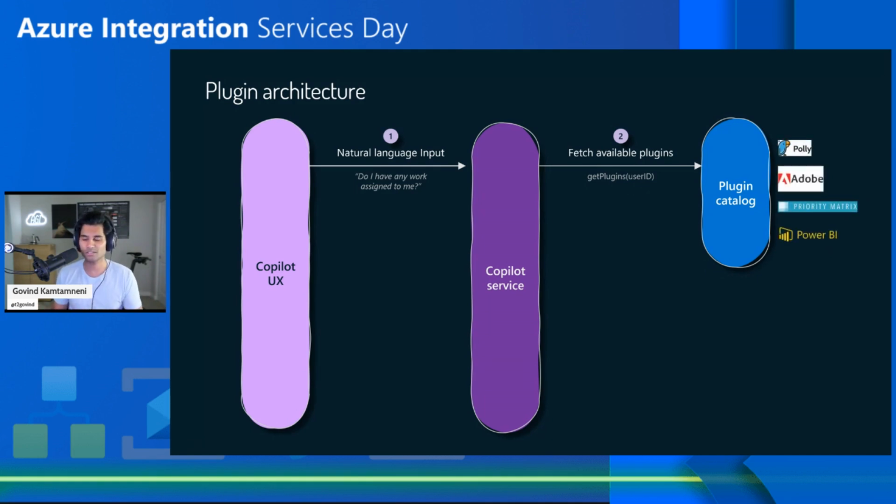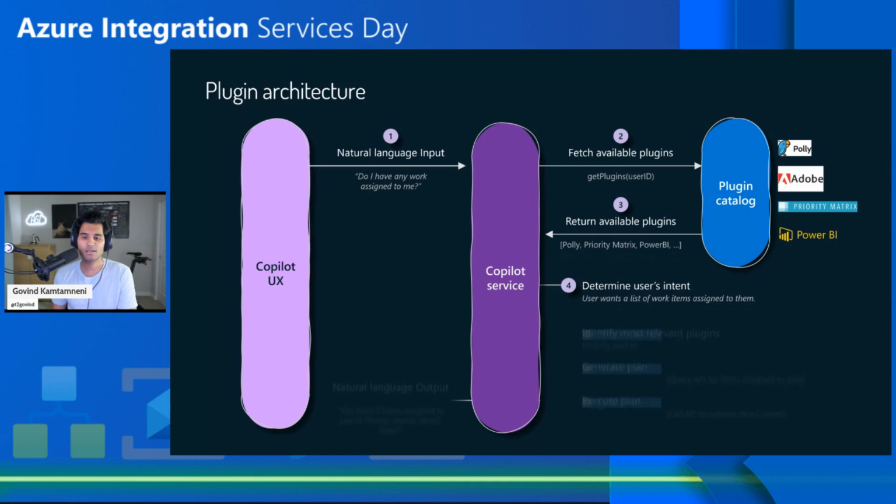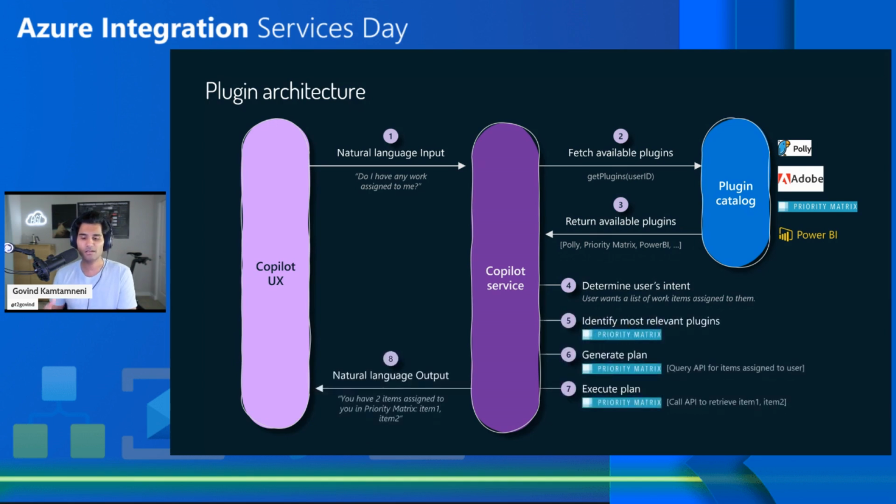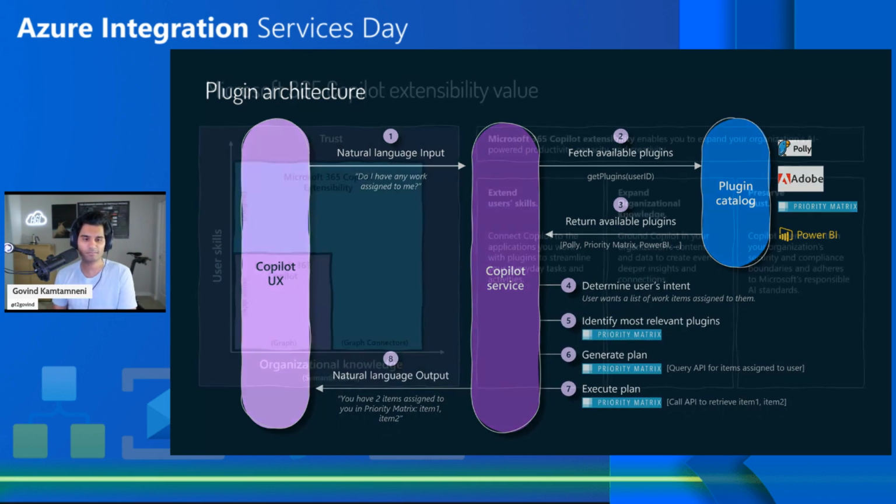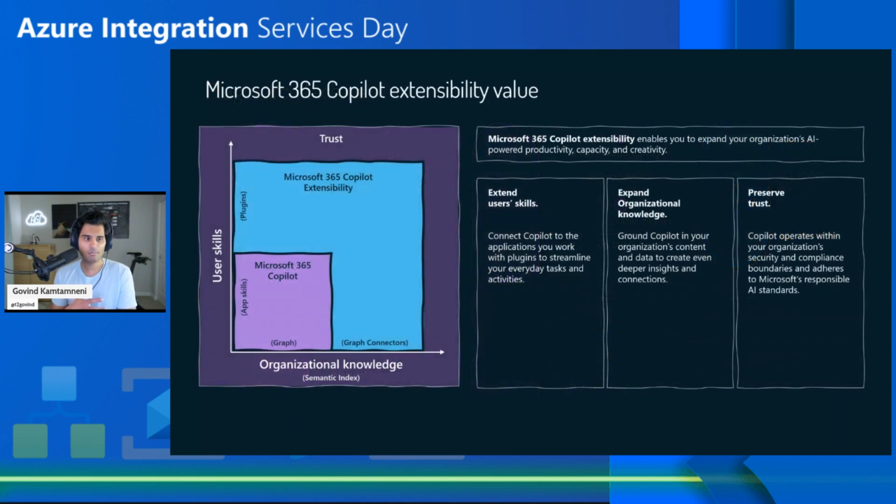These are just some examples, but you can think of having your own Logic App workflows or plugins wrapped with APIM and made available. Once that's done, it can generate a plan and execute that plan with the plugin. That's how these copilots work behind the scenes, and they really extend the value of our copilots.